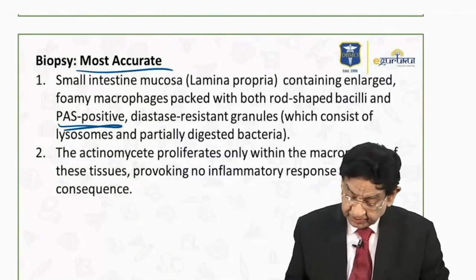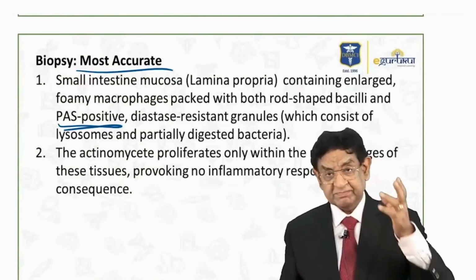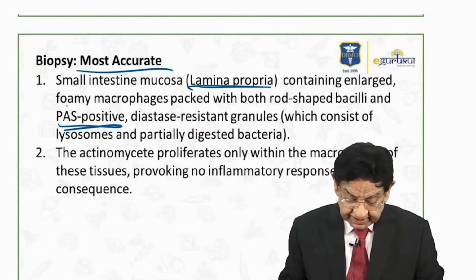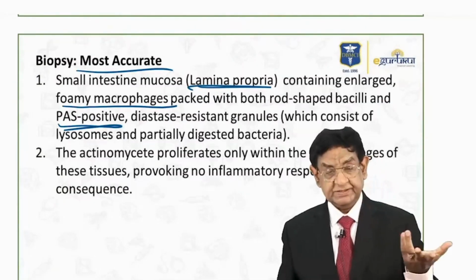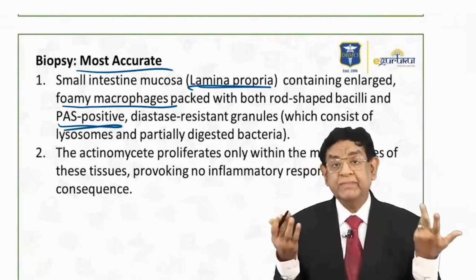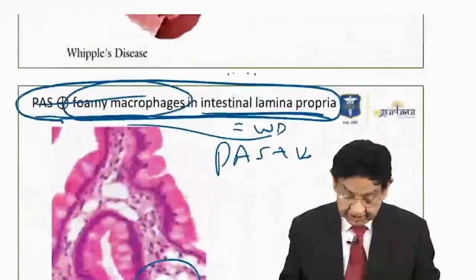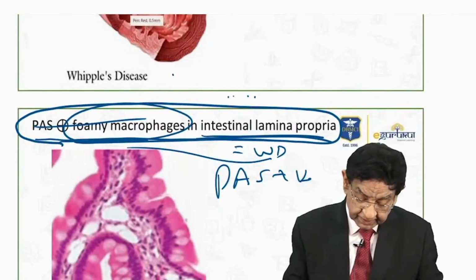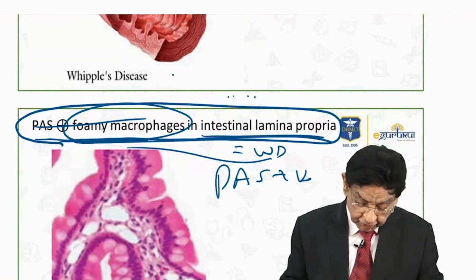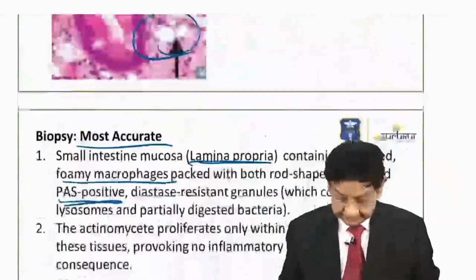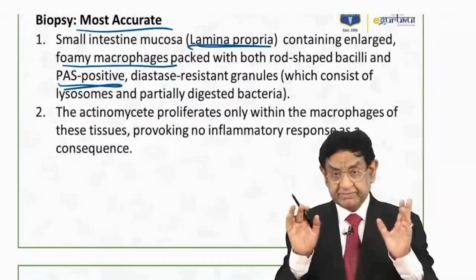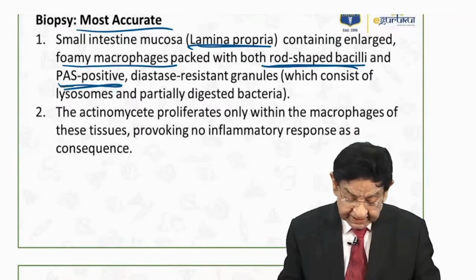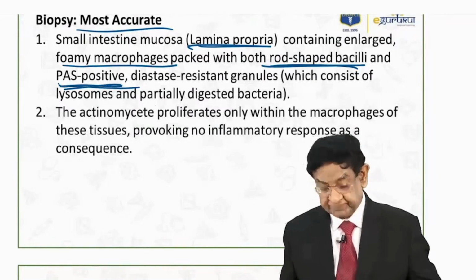Biopsy is the most accurate test, which I mentioned in the previous slide. PAS positive. But there is something unique. In the lamina propria, we have foamy macrophages. But what do you mean by foamy macrophages? Let's talk in more detail. These macrophages contain rod-shaped bacilli and PAS positive material.